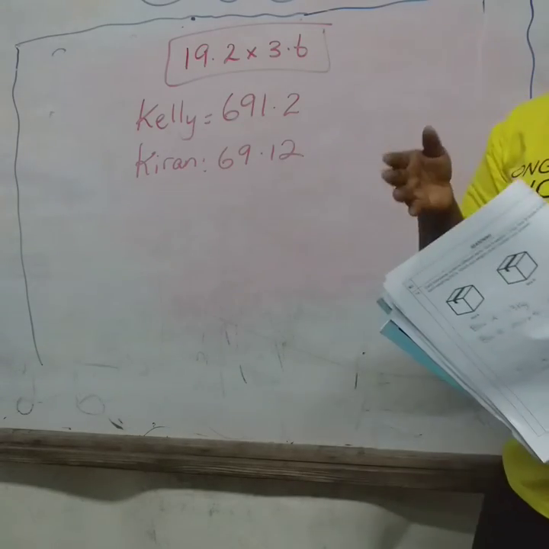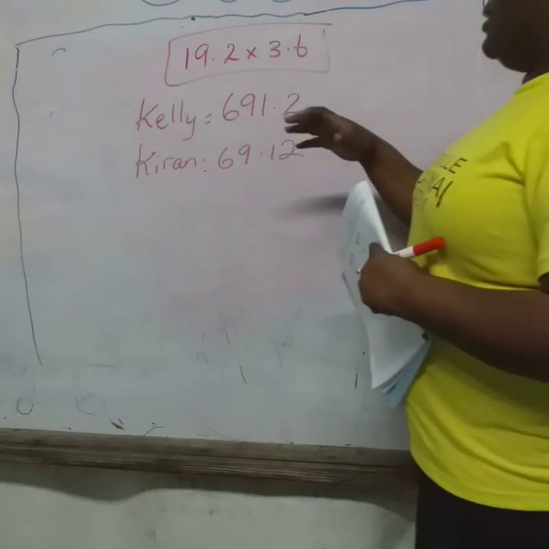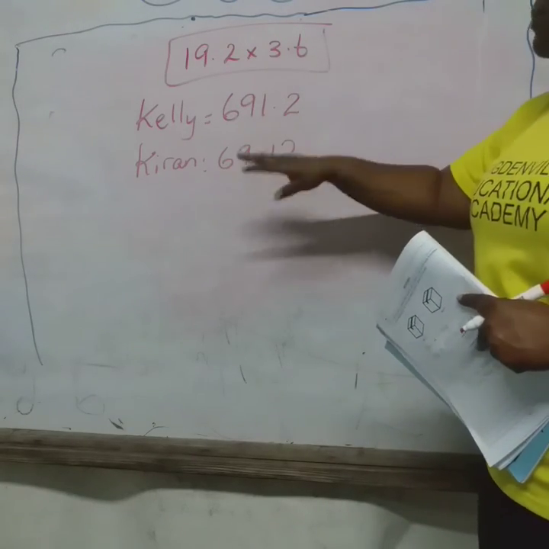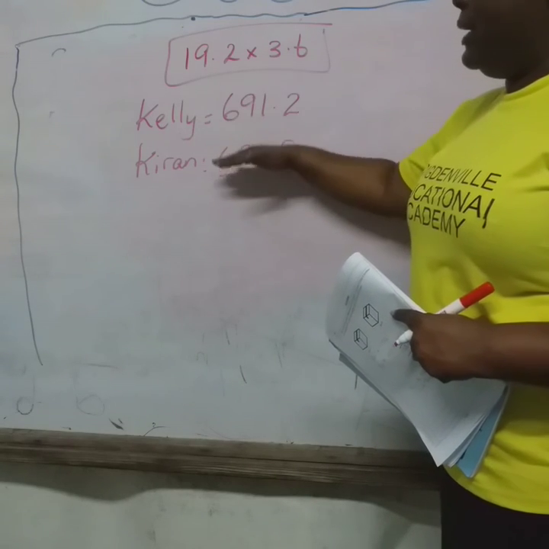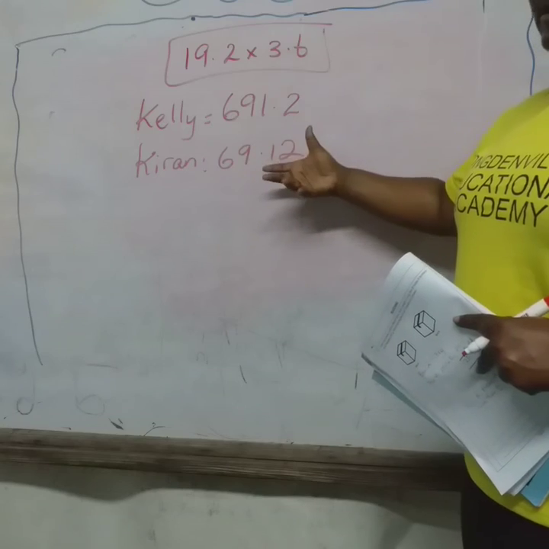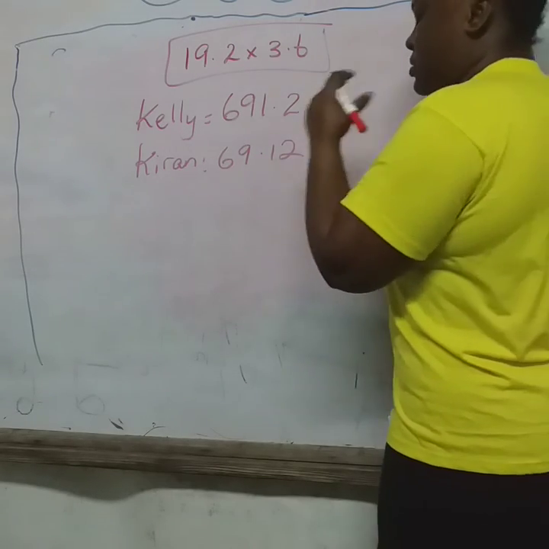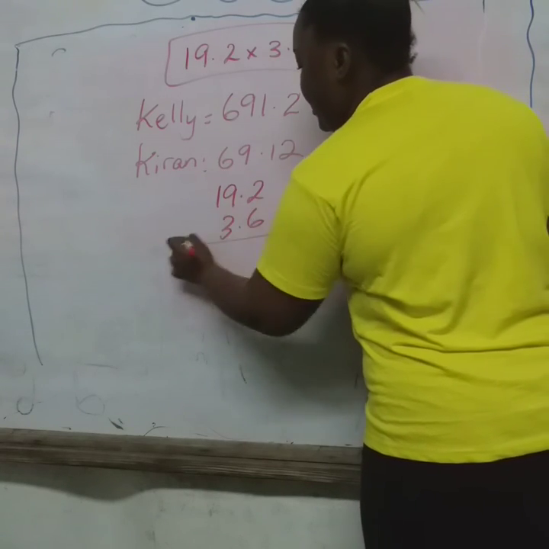Right, who got the correct answer? Now, if you look, we're multiplying two decimal numbers and there's two decimal places, so your answer is supposed to have two decimal places. If you compare Kelly and Kieran, Kieran has two decimal places in his answer. But to double check, let us work it out to ensure that our reasoning is correct.